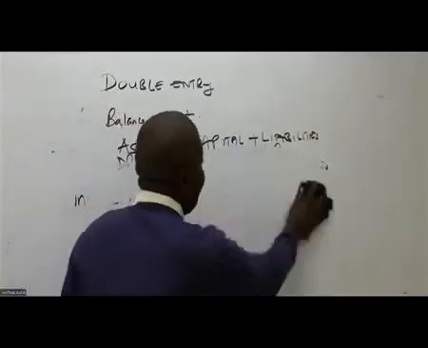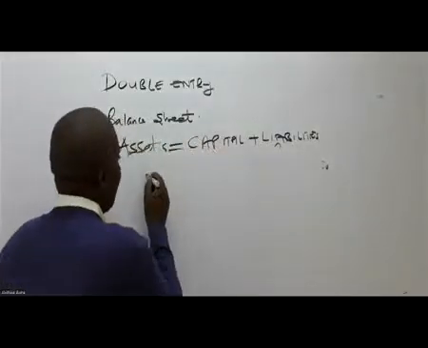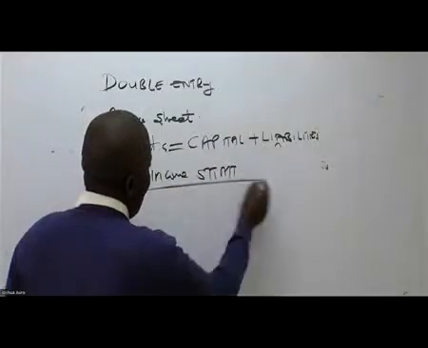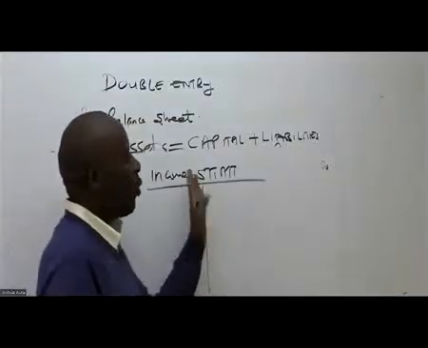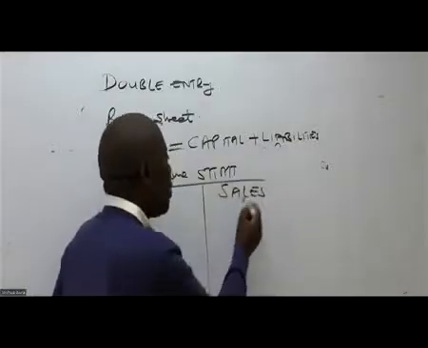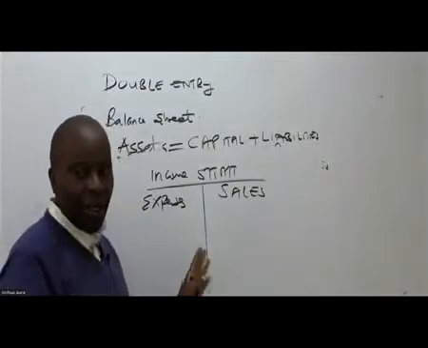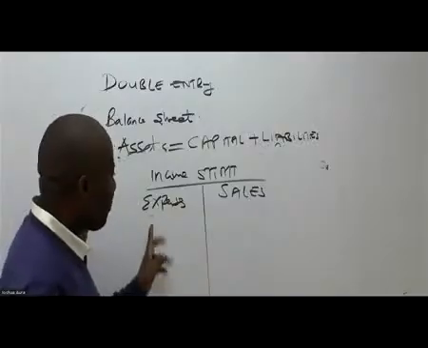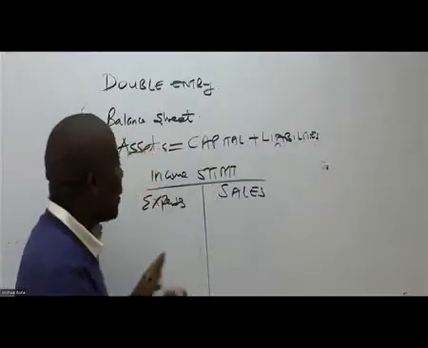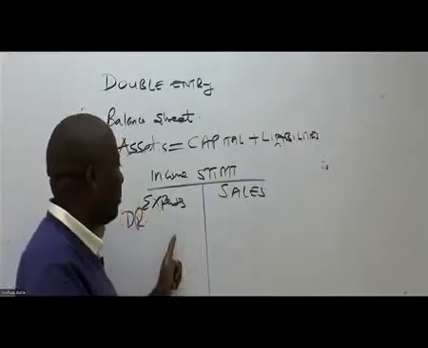And of course, ladies and gentlemen, we have our income statement. If I present this income statement in the form of a T account, which nowadays we don't do, remember the incomes were always being credited. So here we have the sales, but there are your costs, the expenses, on the debit side. Whenever expenses increase, or whenever we incur them, we debit them.